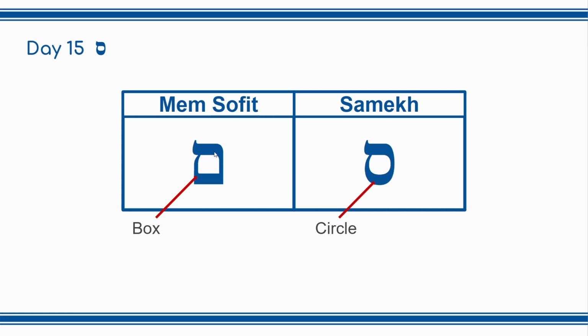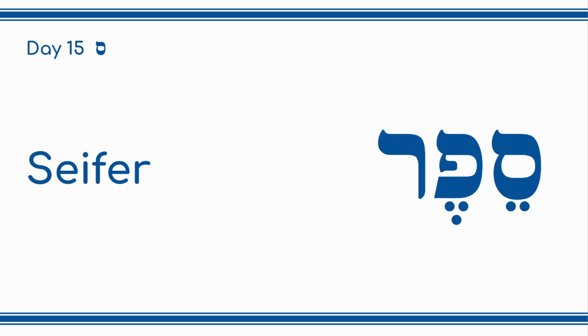And you have to make sure that this one is completely square and this one is slightly rounded so you can tell them apart, okay? Now look at a word with the letter Samekh in it. The first consonant here is a Samekh, so it makes an S sound, which is why it's transliterated with an S. Then we look down and see these two dots, and that's a tsere, and it makes an A sound, like the letters E and I in the number 8.